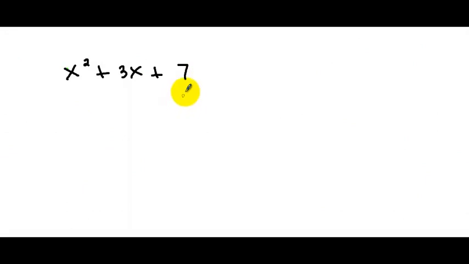Alright, let's have one last example. Okay, so I have a trinomial. The last term is positive, so it means that I have to get factors of 7. The sum should be equal to 3. Okay, now since this one is positive, we have to check the sign of the middle term.